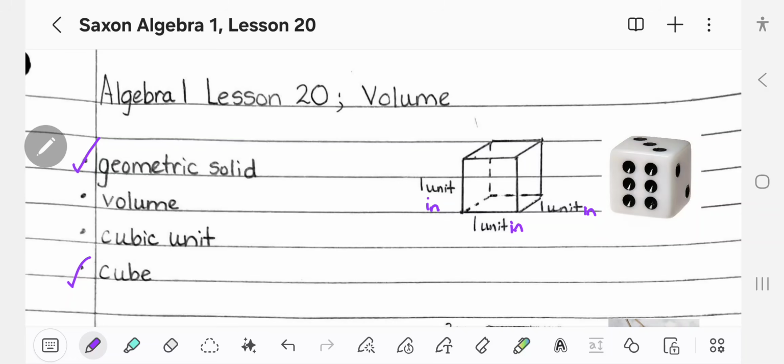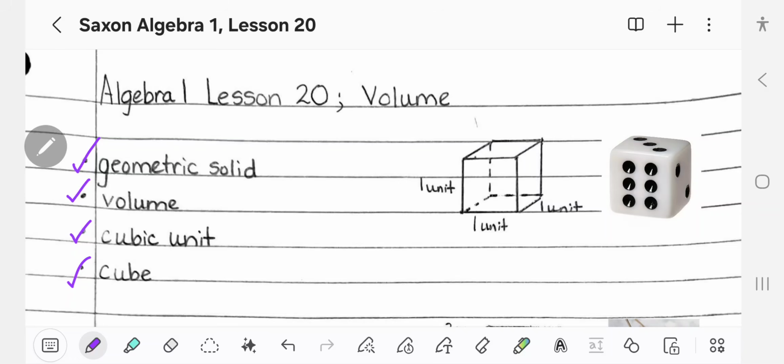It could be meters. It could be really big and be kilometers or miles. So that's your cubic unit, and it's what you use to measure volume. Volume is how much space this 3D object takes, or how much you can fill it with.